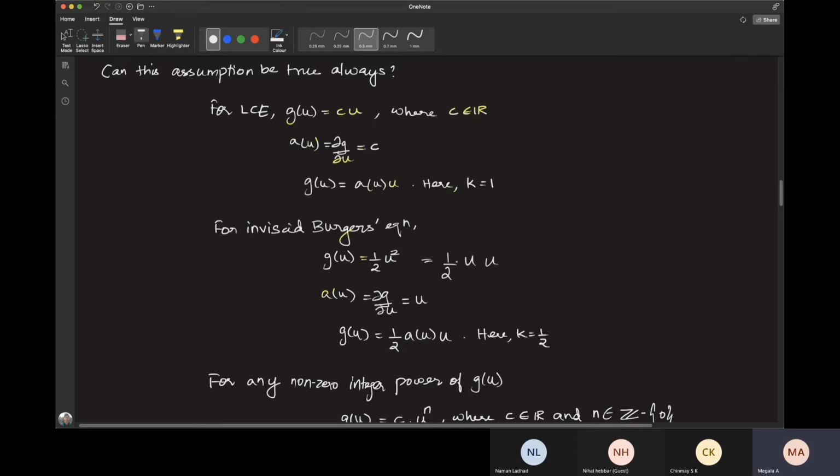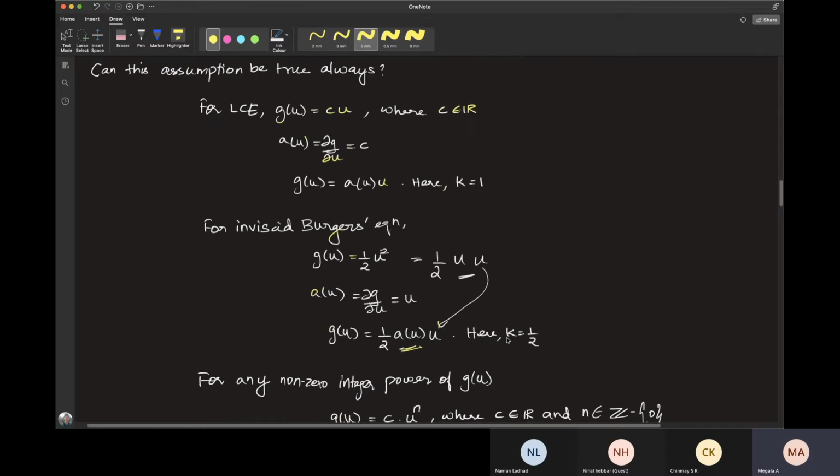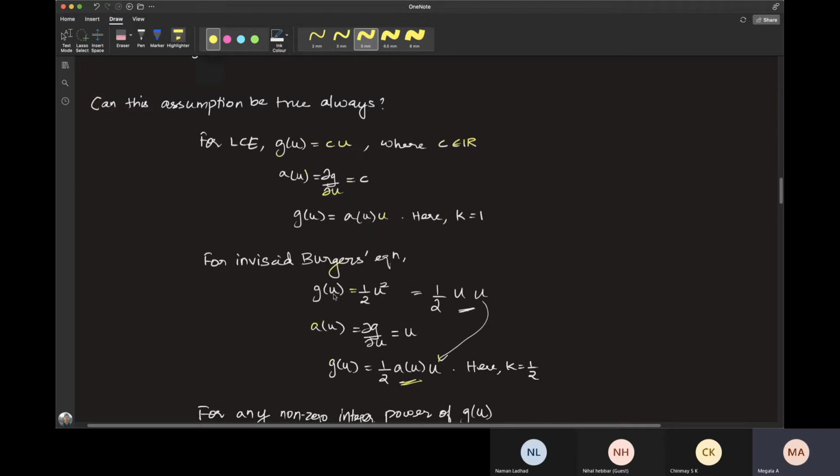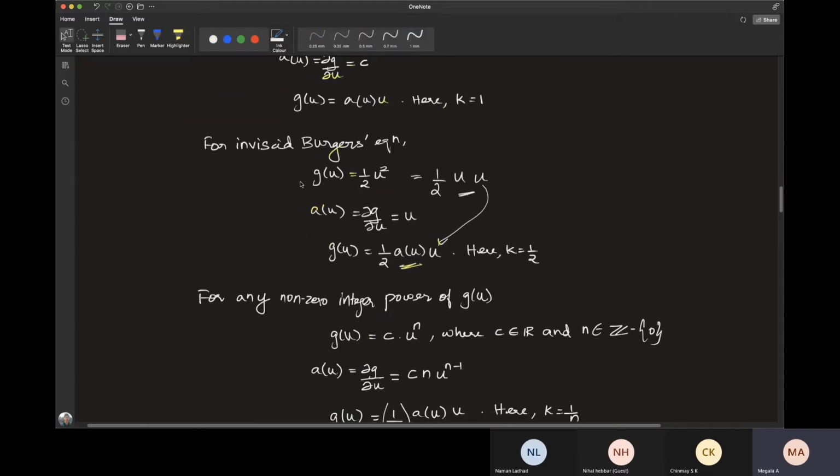So we have half into u. Let's substitute u as a of u for one of the u's, and let the other u remain as such. So now g of u equals half into a of u into u is of the same form as g of u equals k into a of u into u, where k is half. So we now get the same form that we assumed for the inviscid Burgers equation as well.